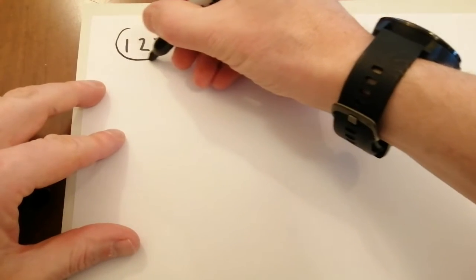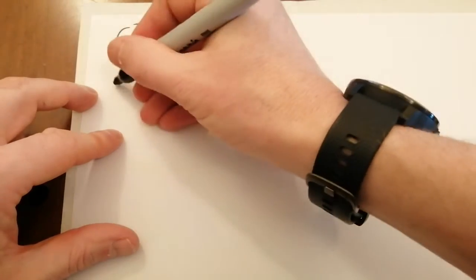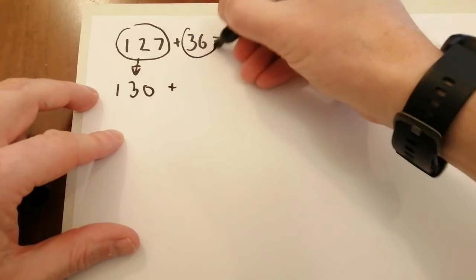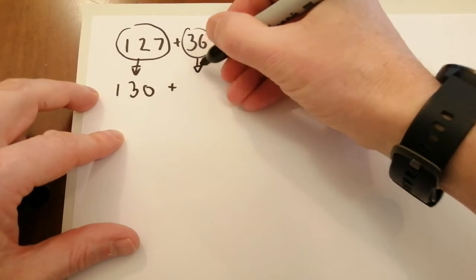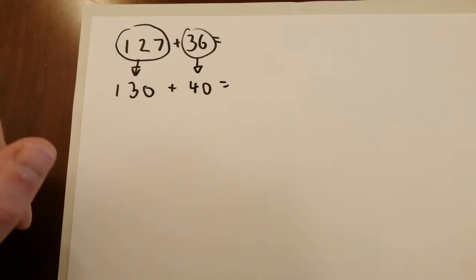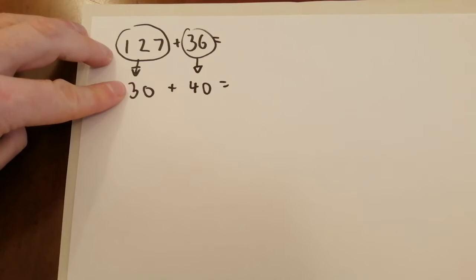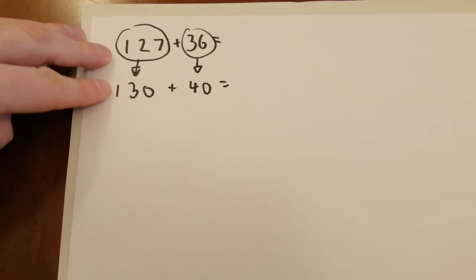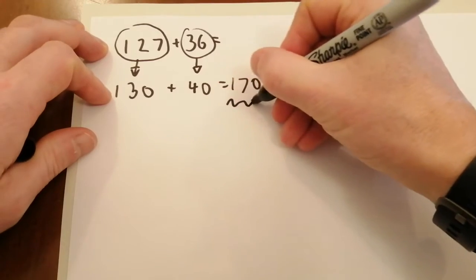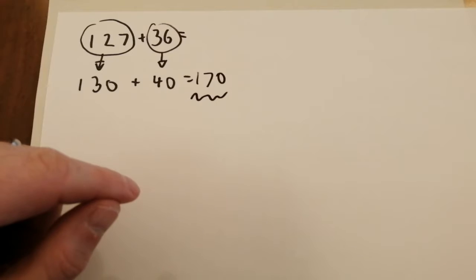So I'm going to round 127 to the nearest 10, and it rounds up to 130. 36, if you round that to the nearest 10, also rounds up to 40. So 130 plus 40 is not too hard to do in your head, I hope. 30 plus 40 is 70. You add the 100 back on, you've got your answer is going to be somewhere in the region of 170. Keep that in your mind just now.